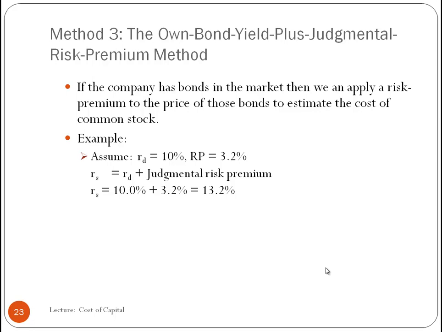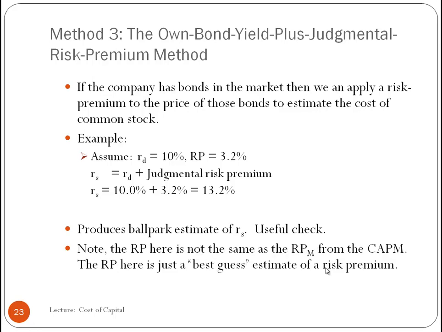So this is by far the least formal of the three methods. But it's a good gut check or ballpark check. A sanity check. Just a quick note, the risk premium here, we've used that term before.